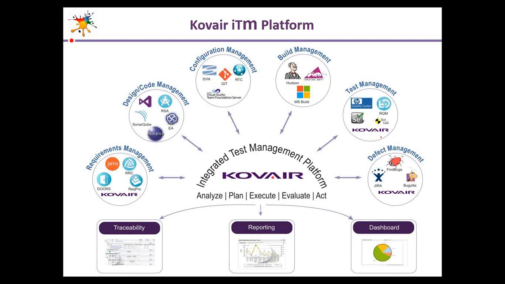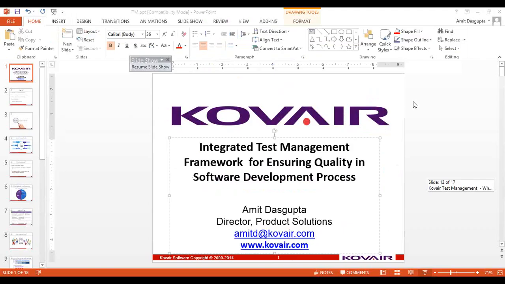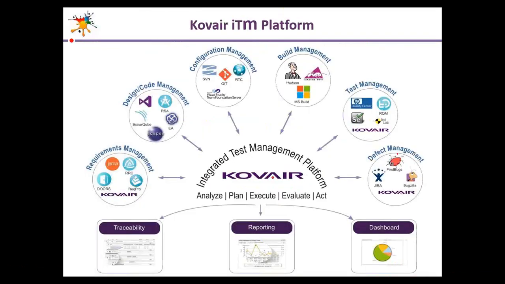And on the test management part also, though Kovair has a solution of its own, it is integrated with some of the other tools of the test management domain, which are HP Quality Center, IQM, Selenium, and TestLink.